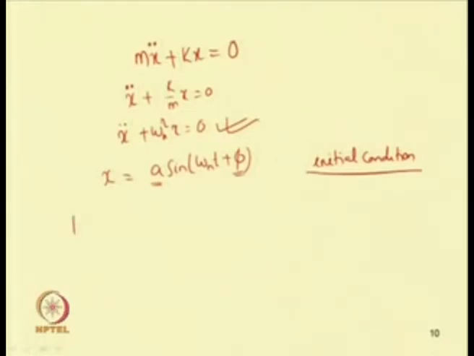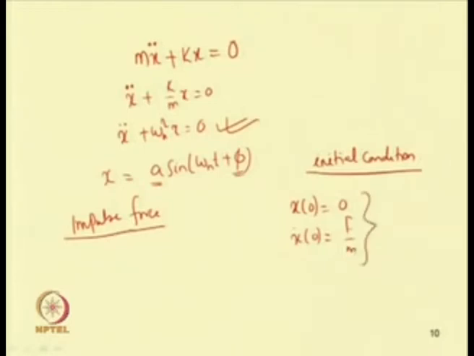If we apply an impulse force and leave the system, then the resulting vibration will be a free vibration with initial displacement equal to 0, that means x 0 equal to 0, and x dot 0 will be equal to the applied force by m. So, this is the initial condition, and we substitute it in x equal to a sin omega n t plus phi.